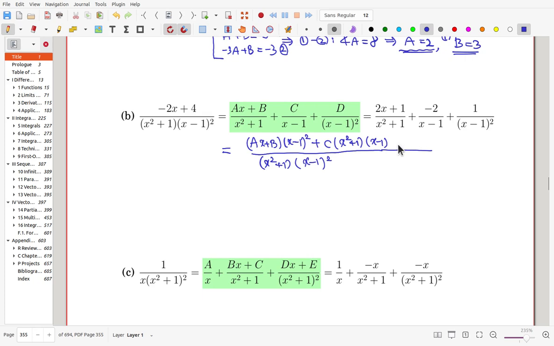Okay, and for the last one, that is d times x squared plus 1. Now you have to make the expansion, then the numerator will be changed in this way.